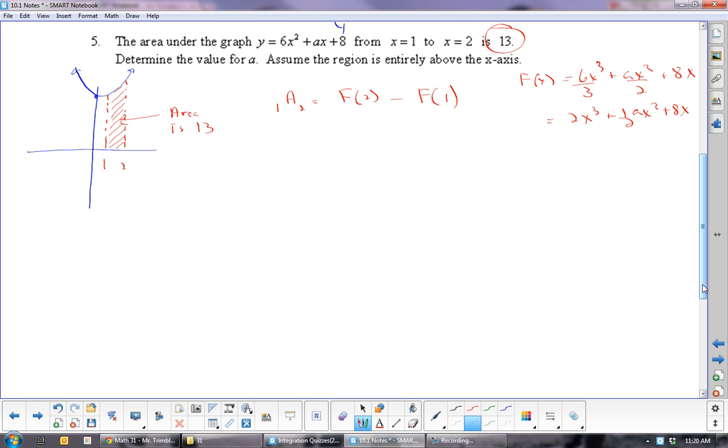Okay, so 13 equals 2 times 2 cubed plus 1/2 a times 2 squared plus 8 times 2, minus 2 times 1 cubed plus 1/2 a times 1 squared plus 8 times 1.